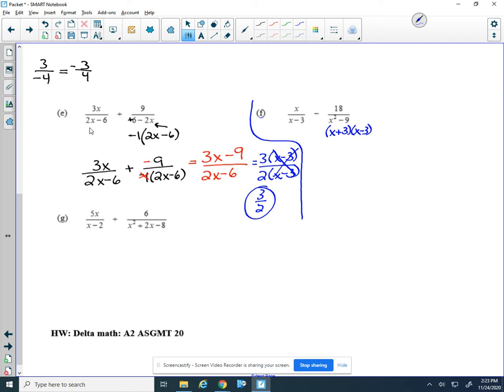Since they have a matching factor of x minus 3, for my LCD we're going to need an x plus 3, and we're also going to need an x minus 3, which in simplified form is x squared minus 9. My first fraction is missing the x plus 3. And my second fraction is good, it has both of them.